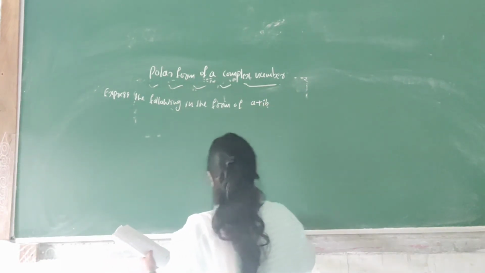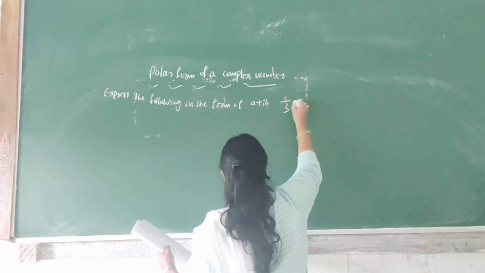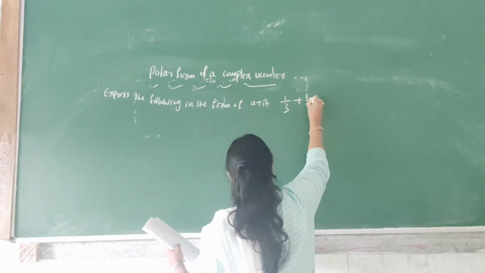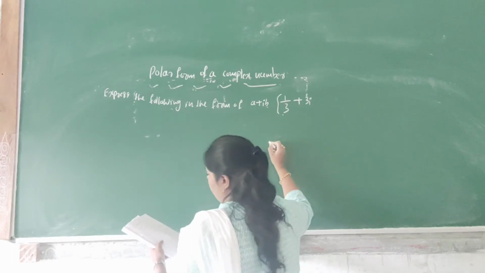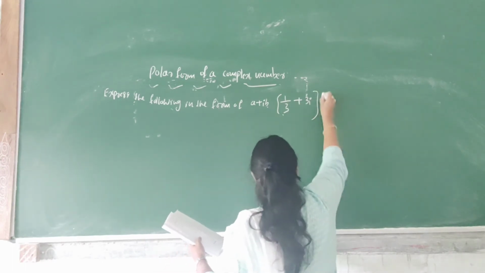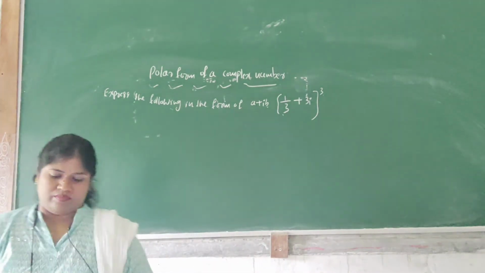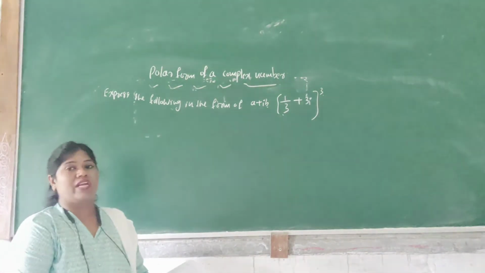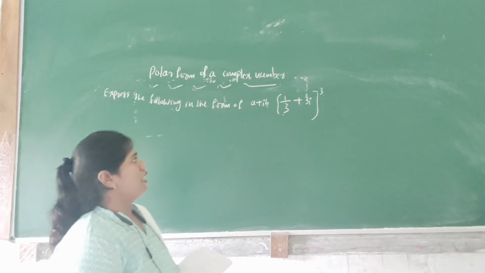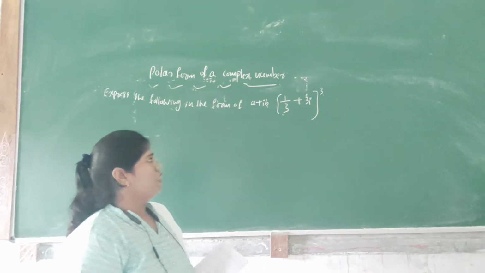This one is important. 1 by 3 plus 3i, 1 by 3 plus 3i whole cube. Okay? We have to write this in the form of a plus ib.